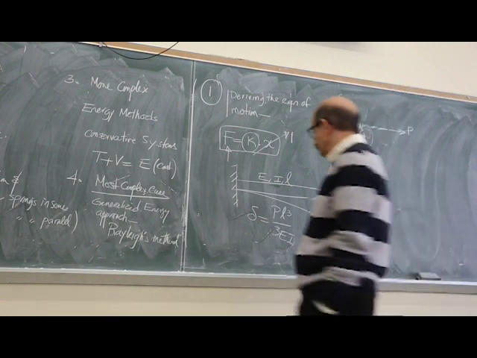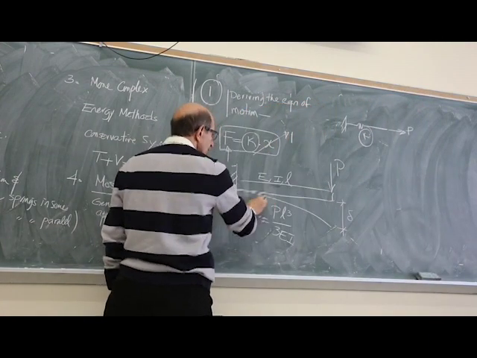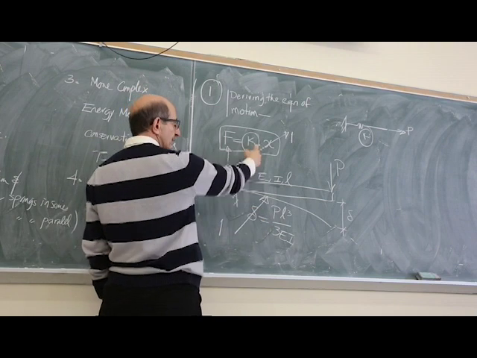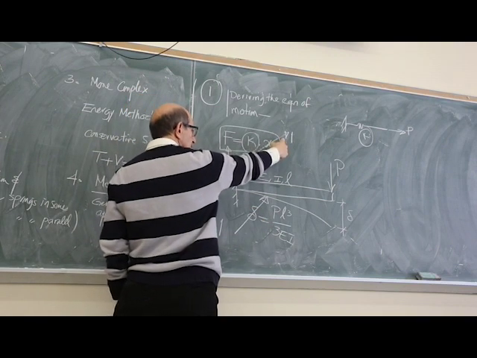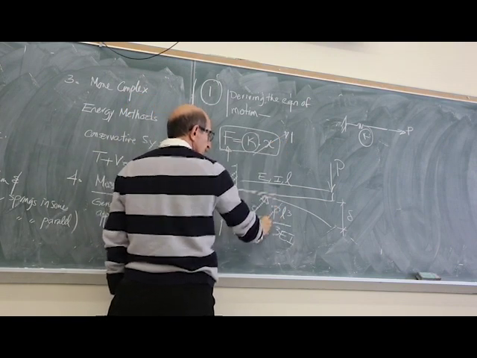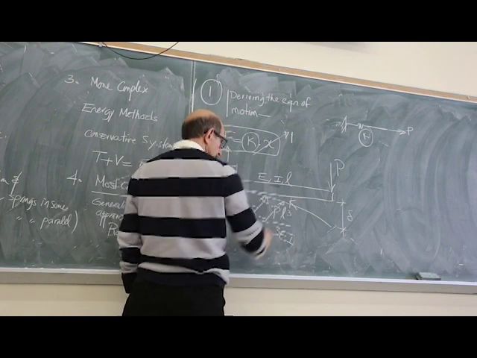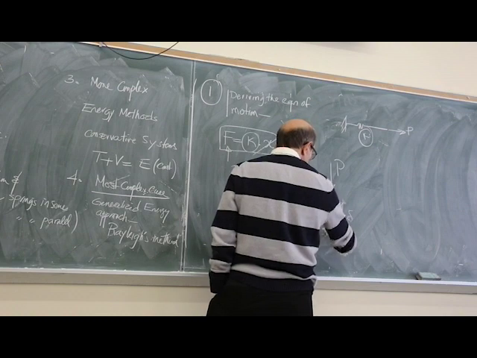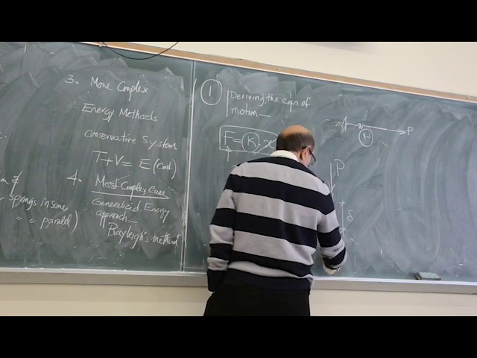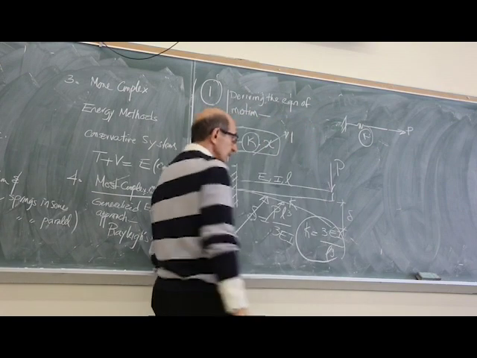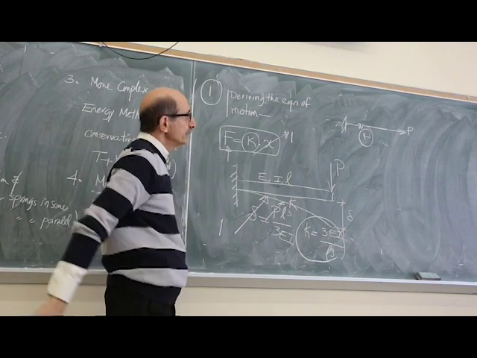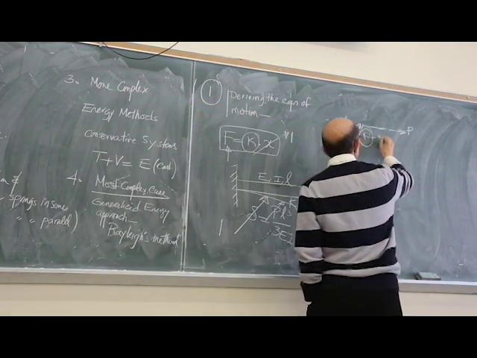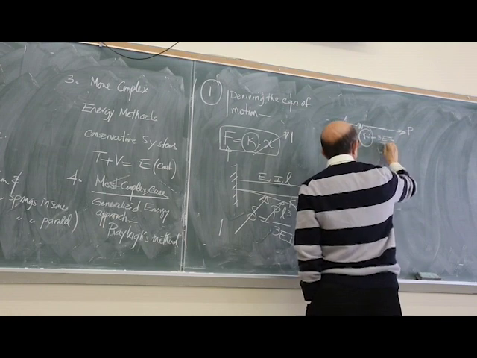If you put this displacement equal to 1, the force that results in unit displacement becomes the stiffness. So the stiffness in this case is 3EI over L cubed. So you can replace this beam with a single spring of 3EI over L cubed.